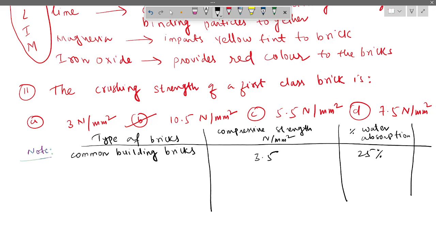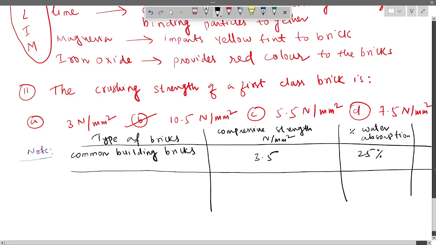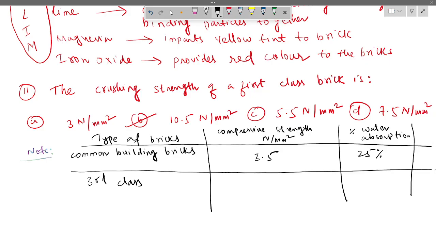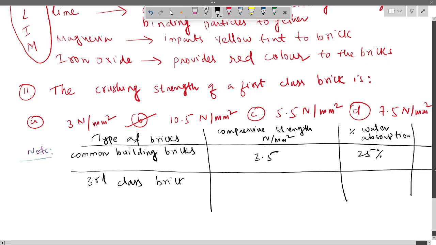This is when we immerse the bricks in water. Note it down. For third class bricks, it is 5 Newton per millimeter square, and water absorption should be 23%.